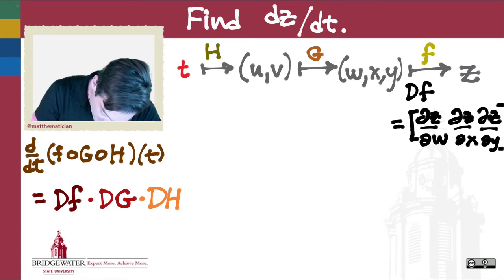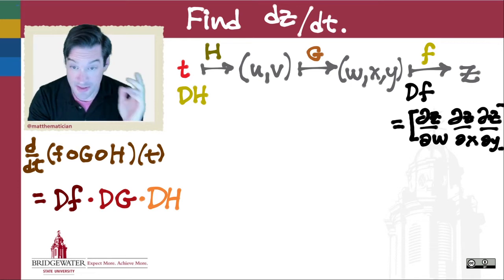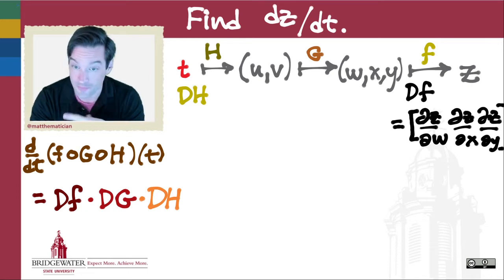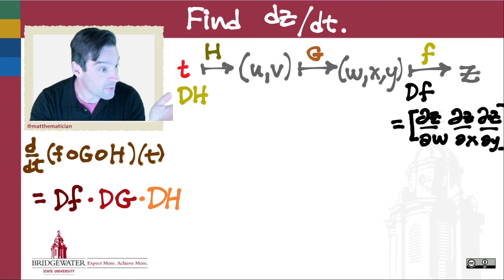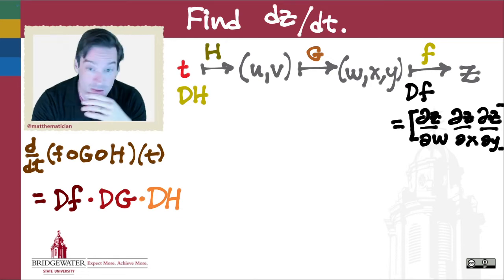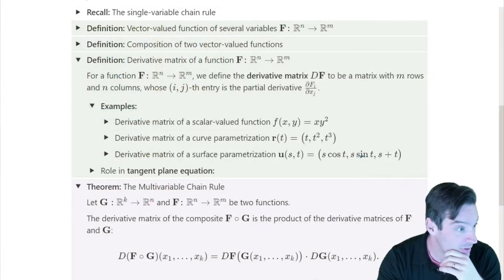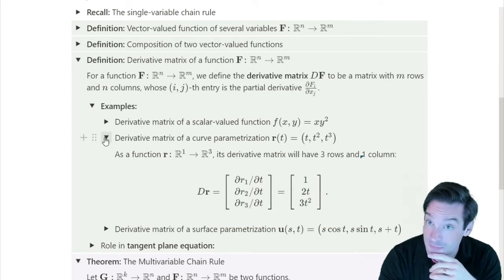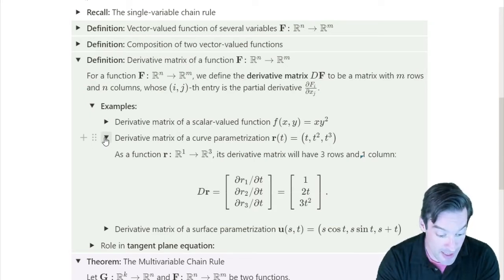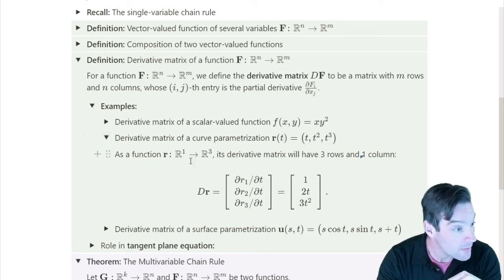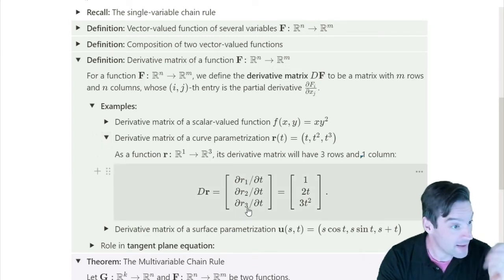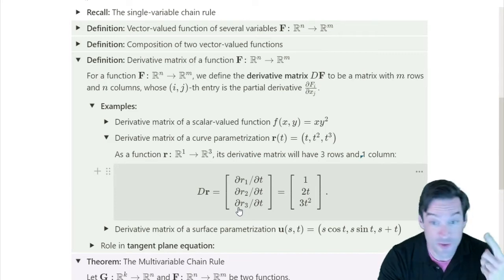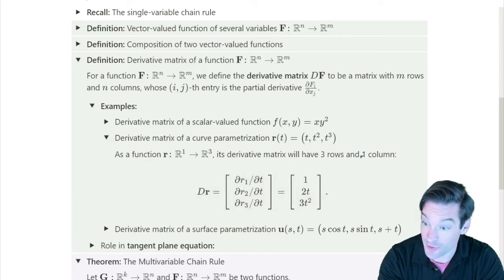Let's do the derivative matrix for our first one, derivative of capital H, because this is an example of a vector valued function from one dimension into two dimensions. So this is like a parametrized curve into two space. We did an example a second ago that looked like that. The derivative matrix for a vector valued function of a single variable ends up just being a column vector. It has as many rows as we have outputs, but only one column because there's only one input variable.